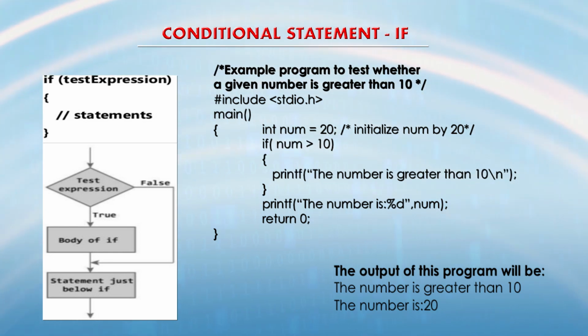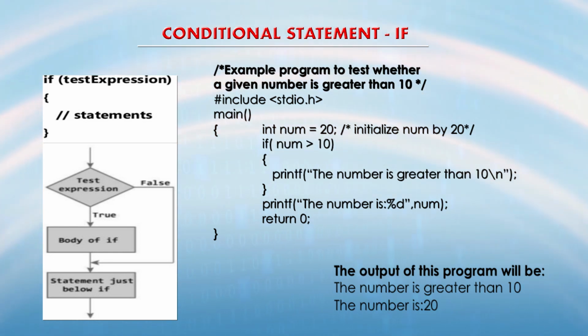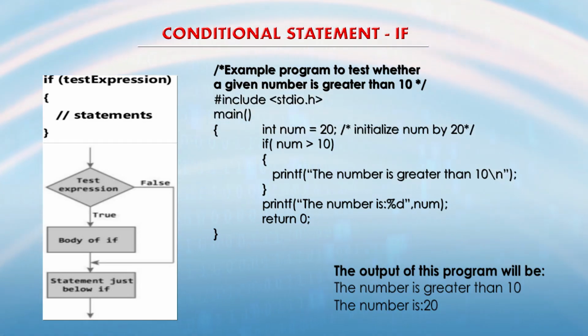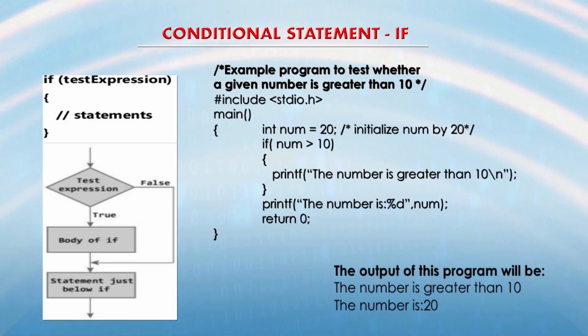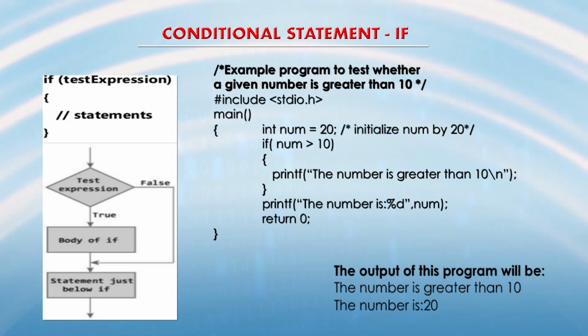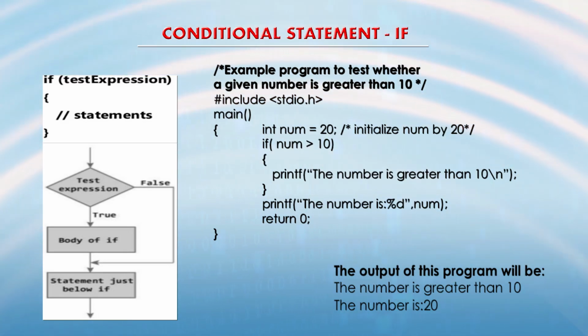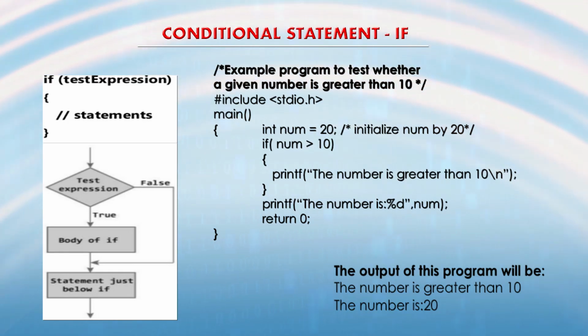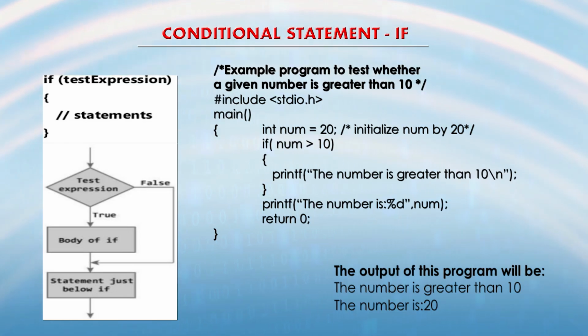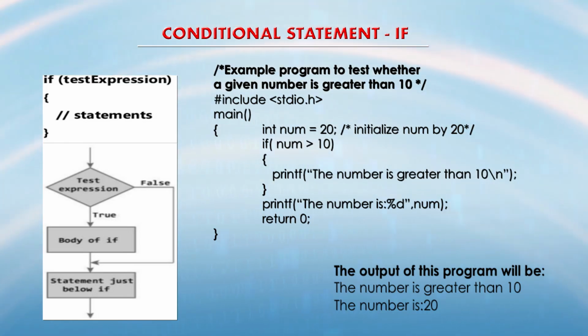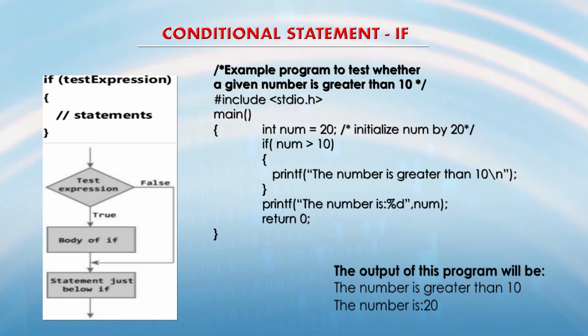Now, num is initialized to 20. Now I am writing the code that if num is greater than 10, then print the number is greater than 10, and outside the braces I am writing printf the number is %d, comma num. Then return 0. This is the return type; you may not use this line also, it will run fine.